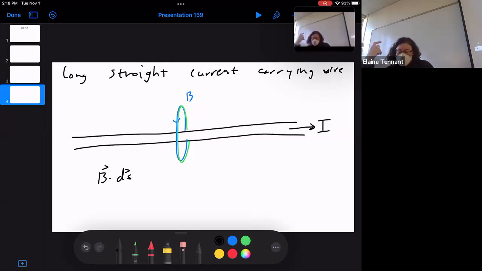If you can lay your loop right on top of your magnetic field, you can easily say B dot ds is really just the magnitude of the magnetic field, the magnitude of ds, and the cosine of 0. Sound okay?